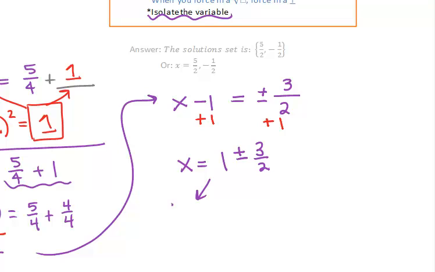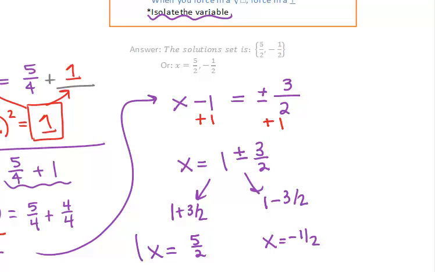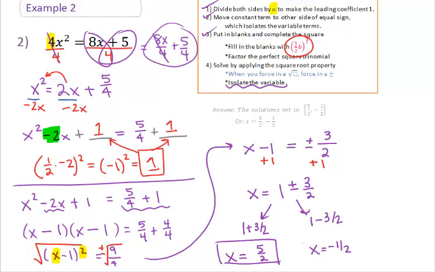Split this up as 1 plus 3/2 and 1 minus 3/2. That leaves me with x is equal to positive 5/2 and x is equal to negative 1/2. This is a degree 2 problem. I should have 2 answers.